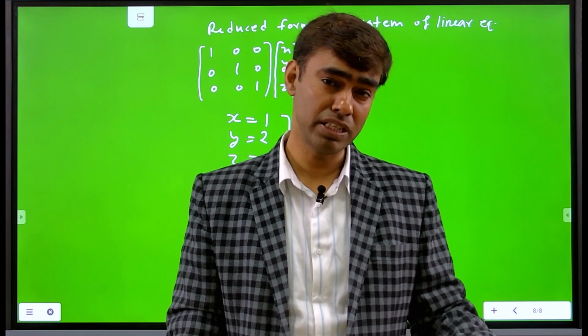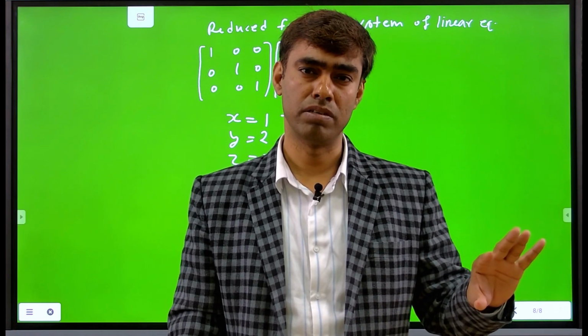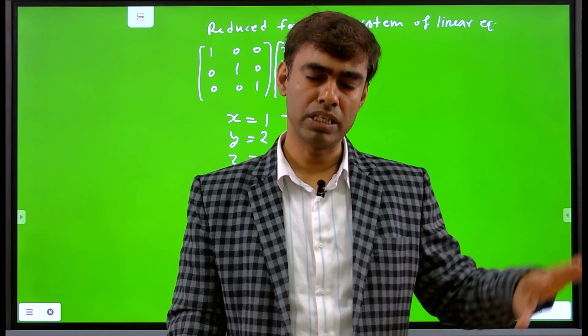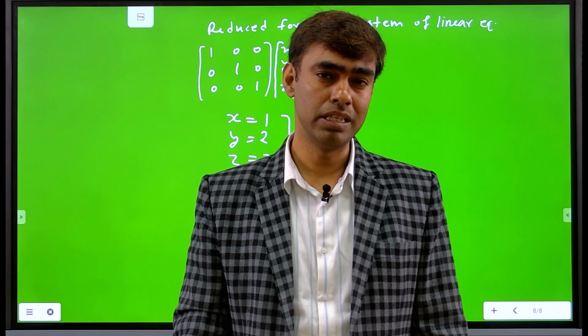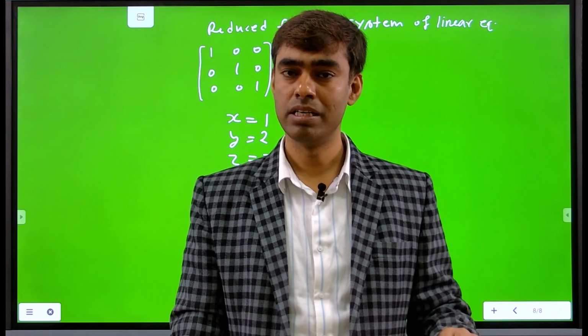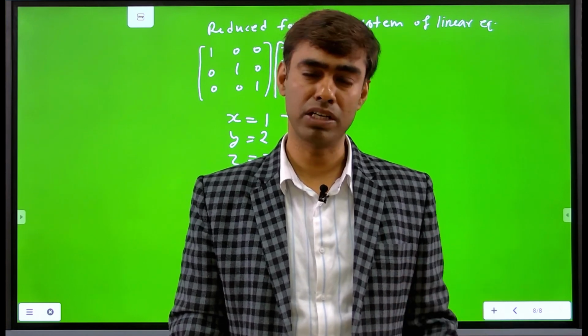But in the Gauss-Jordan method there is no back substitution step; we reduce it to one step. But what is the drawback of the Gauss-Jordan method? The computational effort required in the Gauss-Jordan method is greater in comparison to the Gauss elimination method.